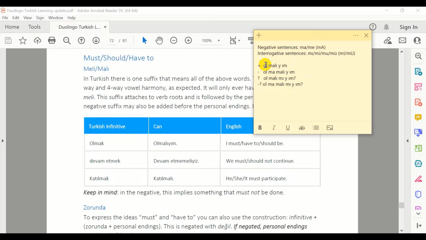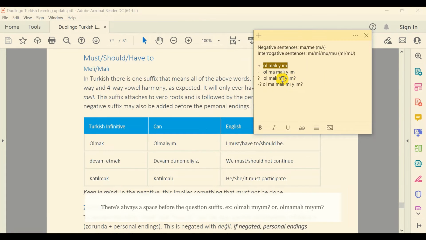It means if with a positive sentence you use the question suffix, then that is a positive interrogative, and when you are using the question suffix with a negative sentence, then that is a negative interrogative. Now let me remove the spaces, so they should be like a complete sentence form.